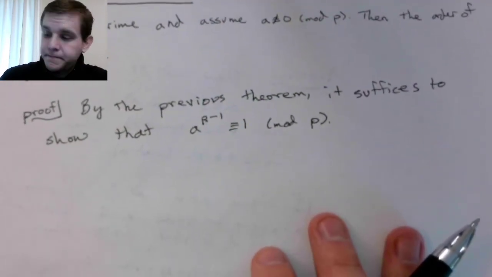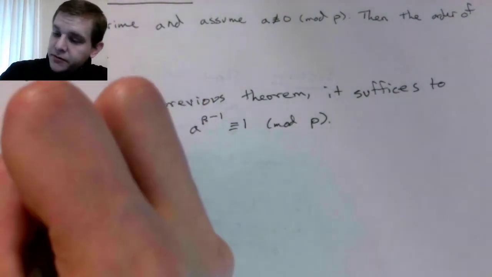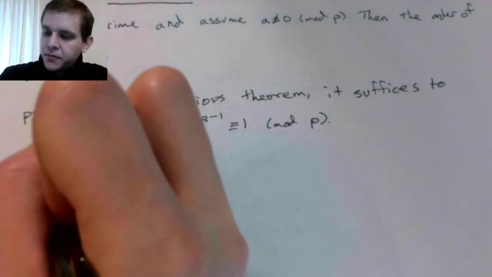So how to show this? Notice first that since p is prime, every non-zero element is coprime with p.